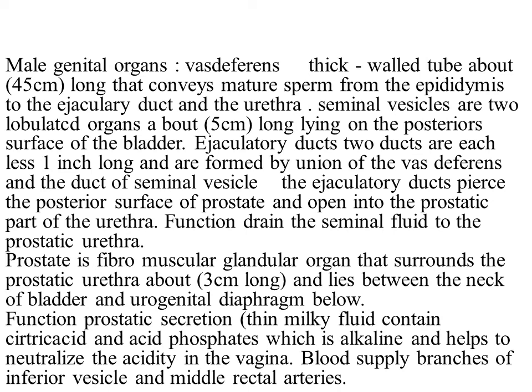Seminal vesicles are two lobulated organs about 5 cm long lying on the posterior surface of the bladder. Ejaculatory ducts: the two ducts are each less than 1 inch long and are formed by the union of the vas deferens and the duct of the seminal vesicles.